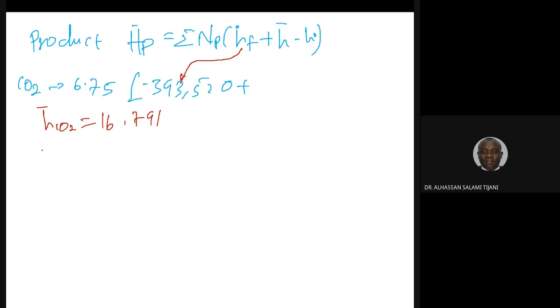Whereas the enthalpy of carbon dioxide at standard state is different. This is the enthalpy at standard state, and this is the enthalpy at the given state.